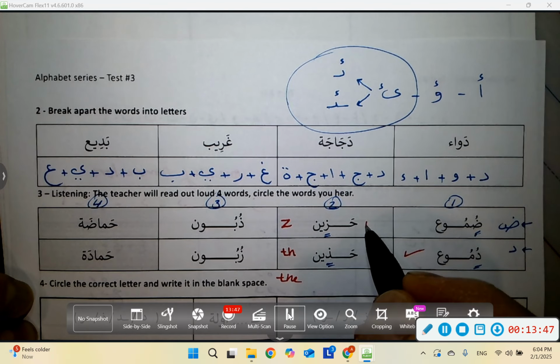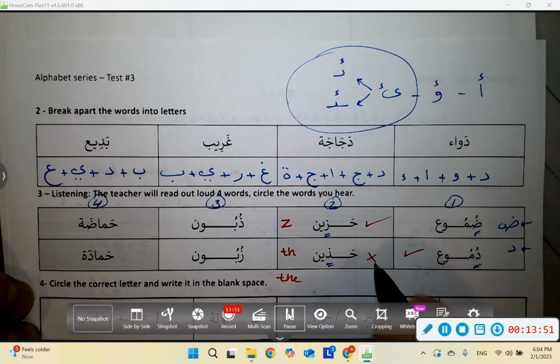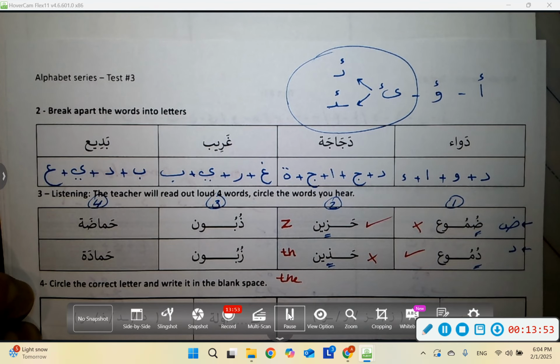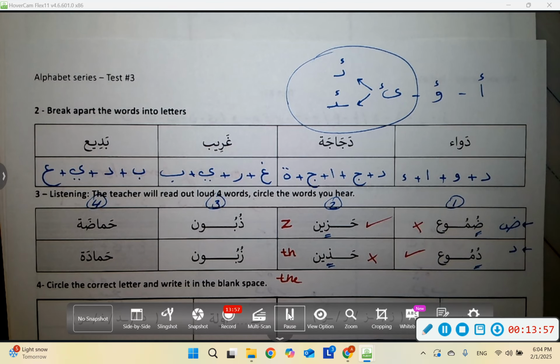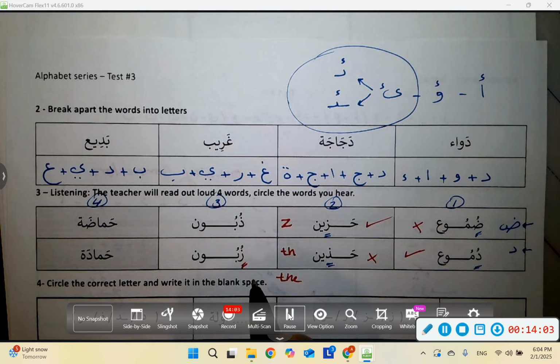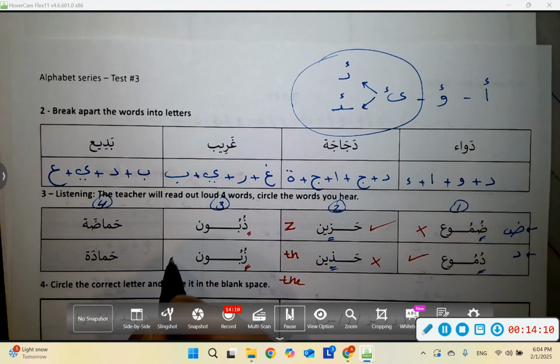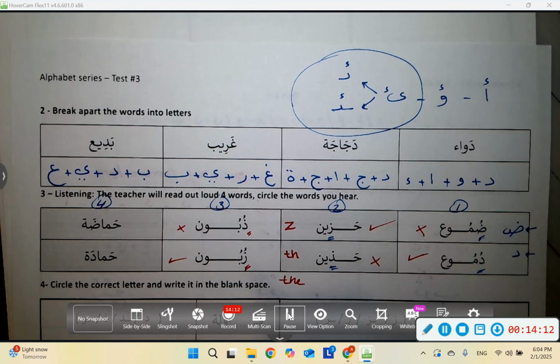So this is the correct one, hazin. This is wrong. Number 3, zubun. Same thing, this is the za, this is the. So this is zubun, has no meaning. This is the correct word.